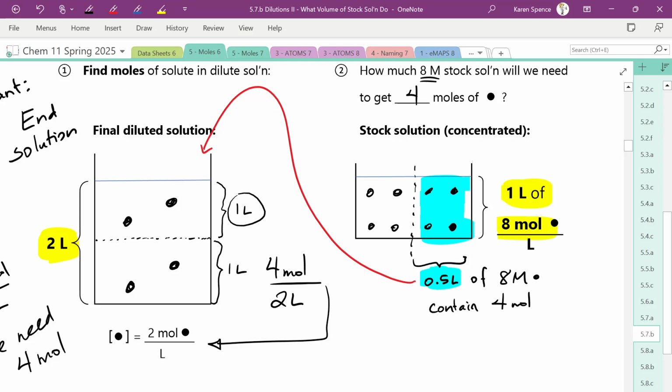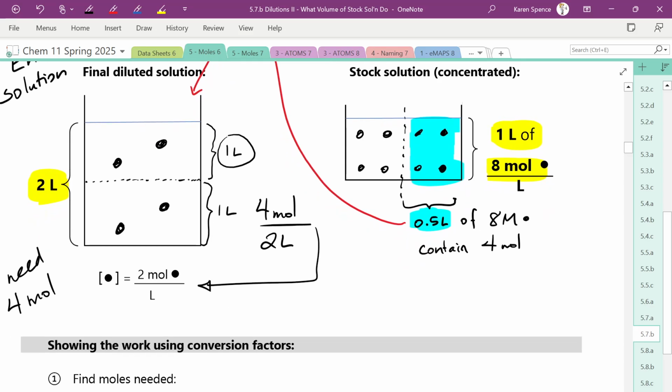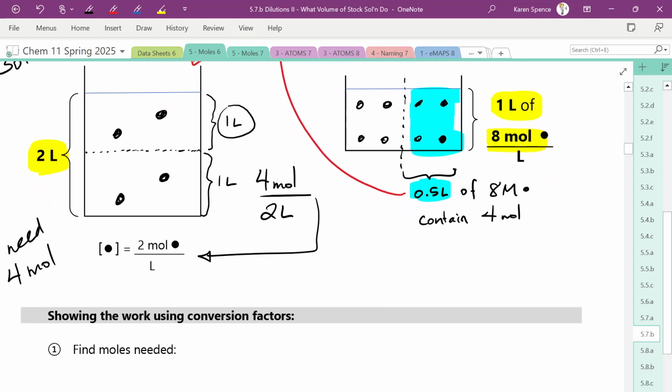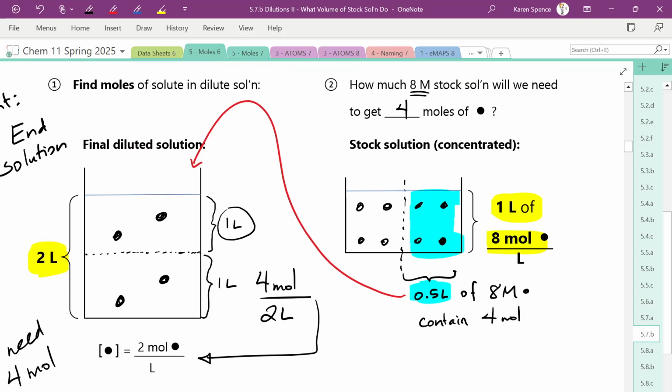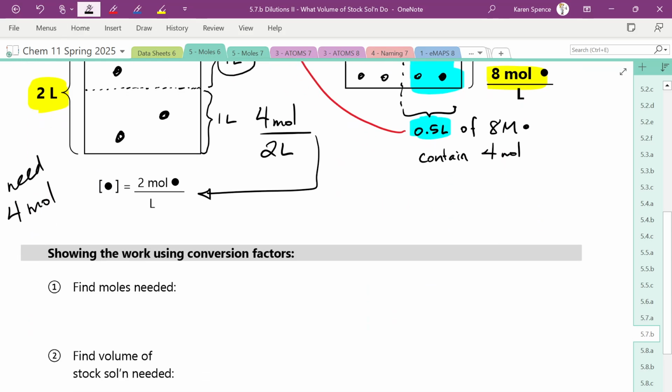Okay, now I actually find the pictures for this one quite confusing because it's almost like you're trying to work backwards, right? It's not as intuitive as the other one. So let's do it using conversion factors instead. We want two liters of 2 moles per liter solution.